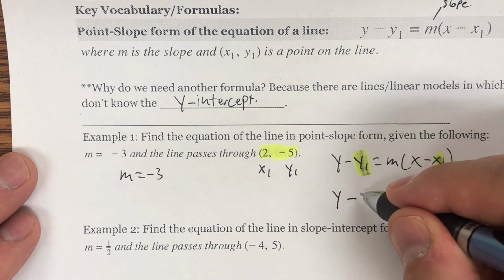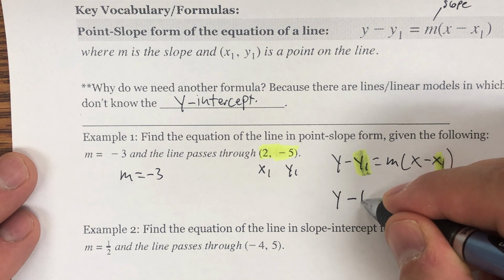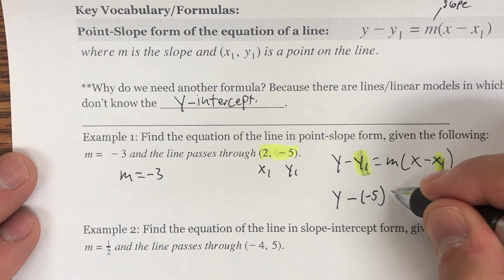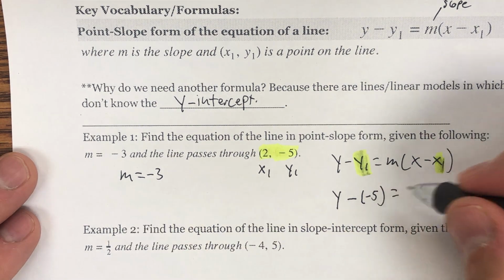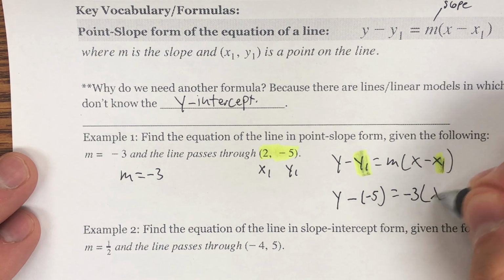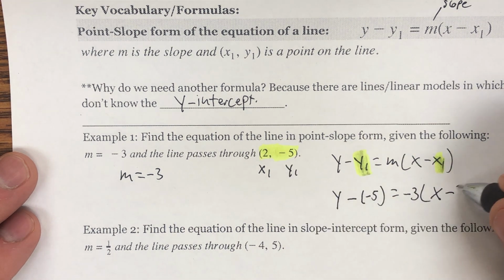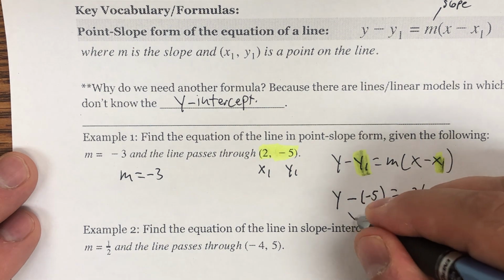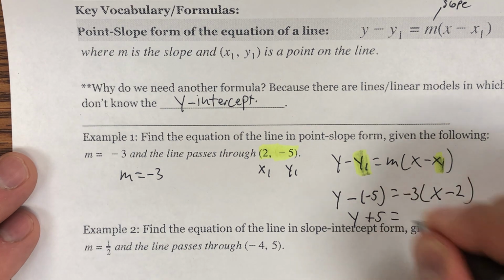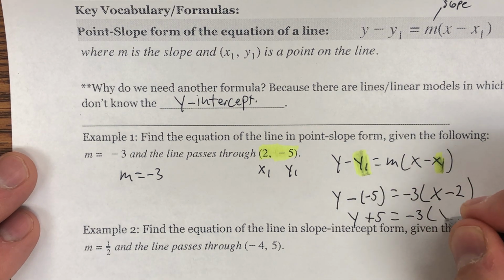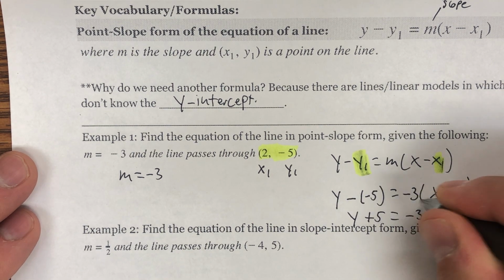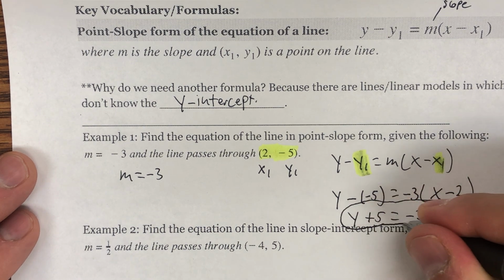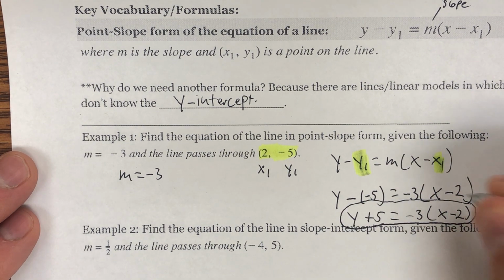So minus, and we have to be careful with our signs, minus a -5 equals m, that's -3, times x minus x1, which is 2. To keep it in point slope form, we just want to change the minus a negative into a positive. So y plus 5 equals -3 times x minus 2 in parentheses.